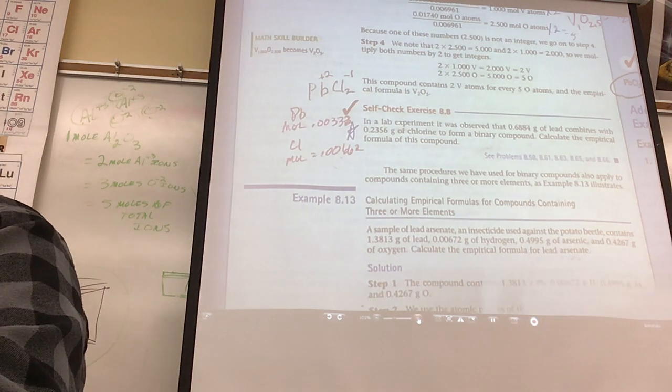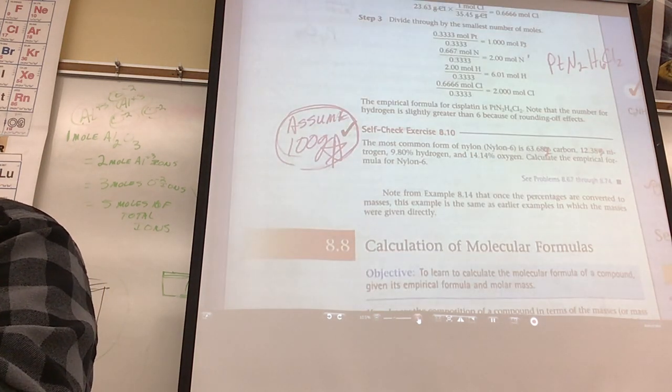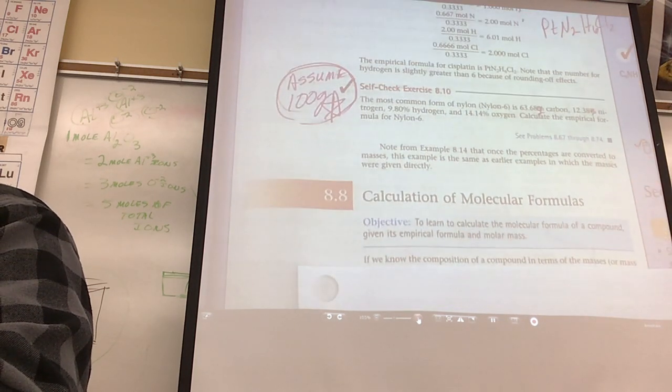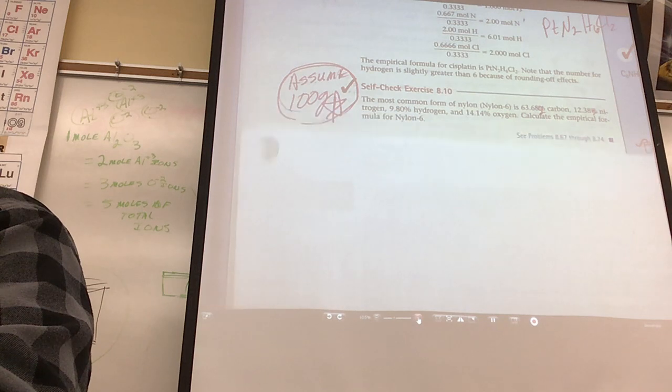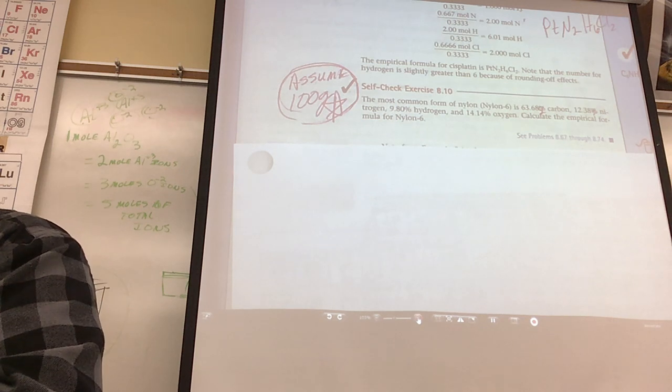All right, so I'm going to show you a problem you've never seen before. I'm on page 227. Now, this was kind of neat, and I wish somebody would have taught this to me a long time ago. It says here the most common form of nylon is nylon 6.